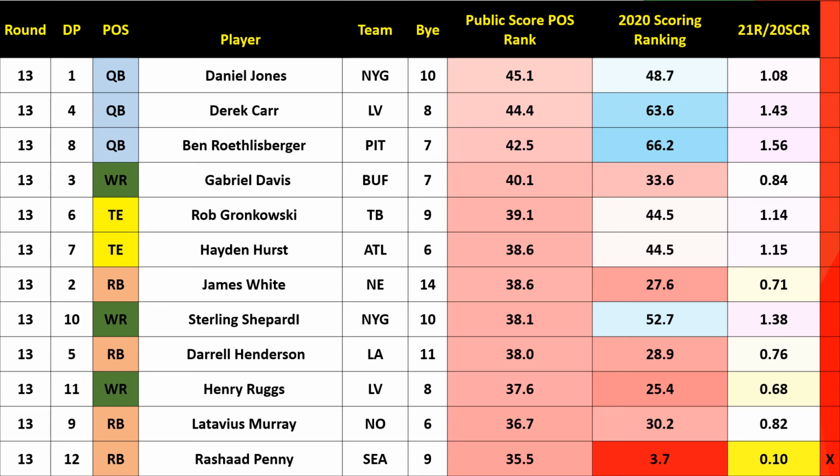I'm taking him as my TE 2-3 type. Running backs, I've been taking White and Latavius Murray here. Henderson's okay. I guess he would be my third. Ruggs, Shepard, Davis. I guess Shepard, I don't know. I'm not enamored with this crew.